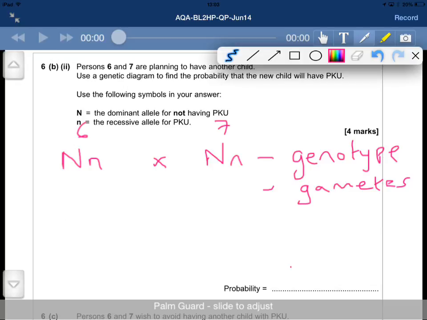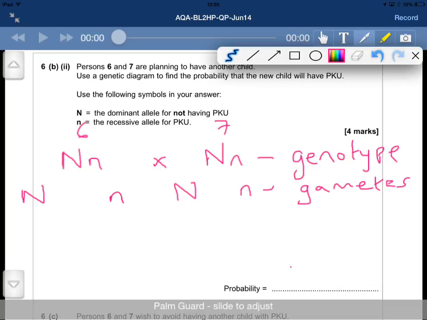Number 6 could give a big N to its child, or could give a small n. Number 7 could give a big N, or could give a small n. And so all we need to do for the gametes line is separate the genotype. So big N, small n, separate them and put gametes.